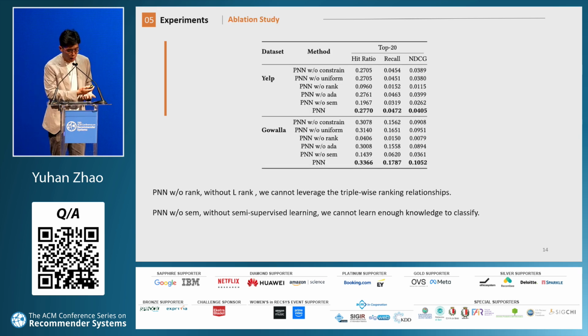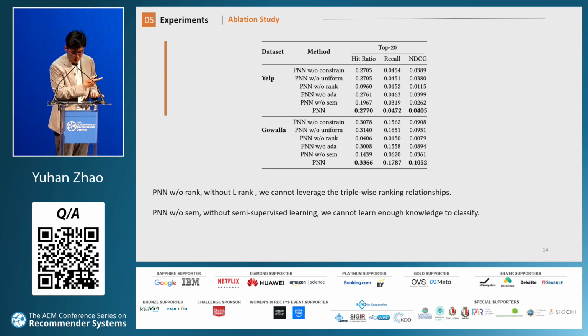Next, we talk about our ablation study. You can see this picture. It suggests that all components positively contribute to model performance. I want to highlight 2 points. The first one is PNN without ranking.